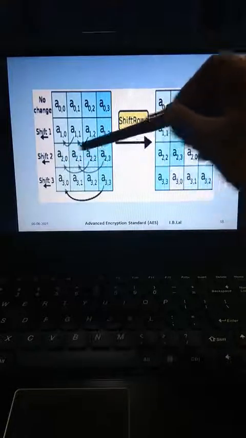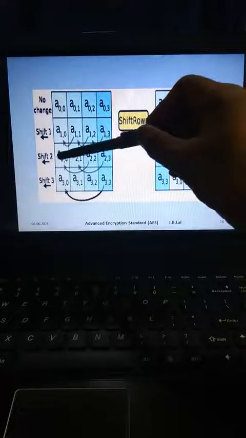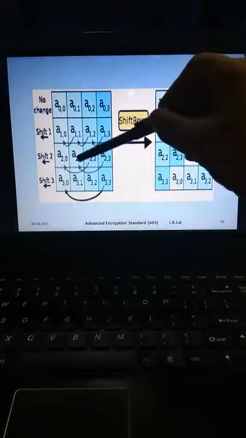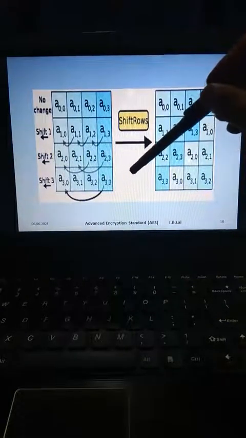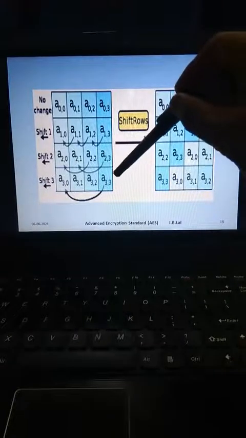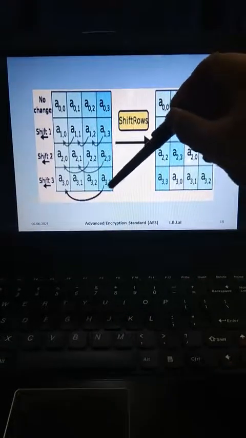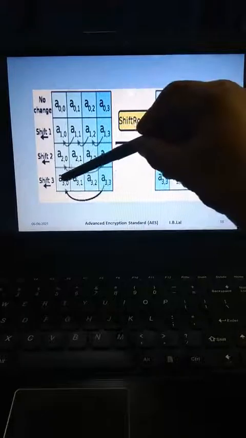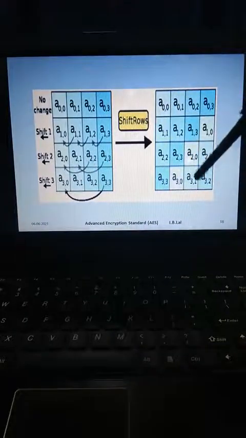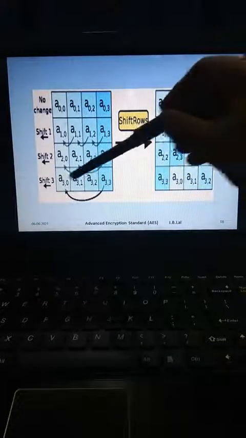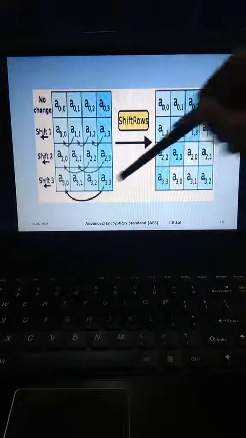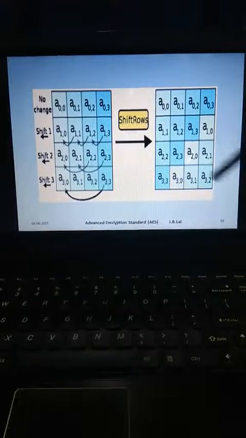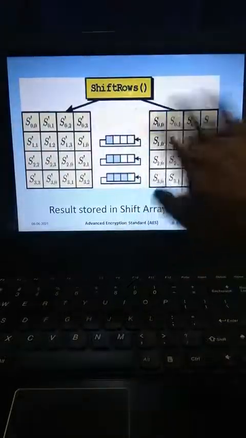In third row 3 bits would be shifted, means A33 would take this place. So A33 has come here, A30 would come here, A31 would come here, A32 here. Okay, this is incorrect matrix.